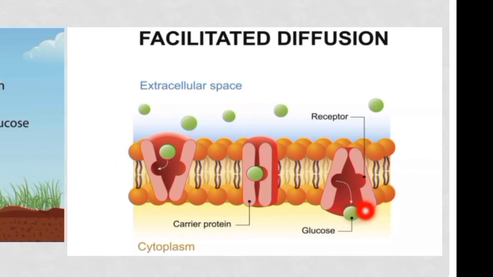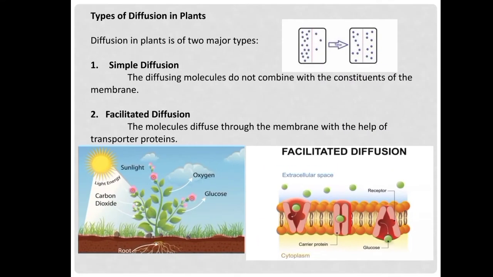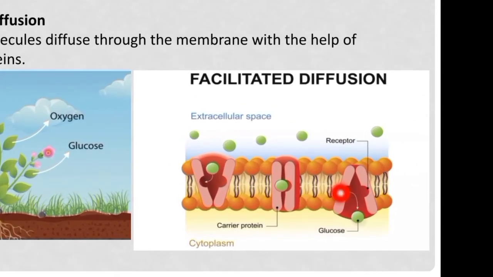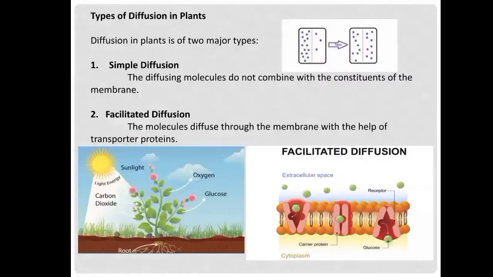The plasma membrane has a hydrophilic head as well as a hydrophobic tail. The hydrophilic head will dissolve in water, and the hydrophobic tail will not dissolve in water, and hence the hydrophobic bilipid layer requires the carrier protein to move the molecules across. Understood facilitated diffusion?